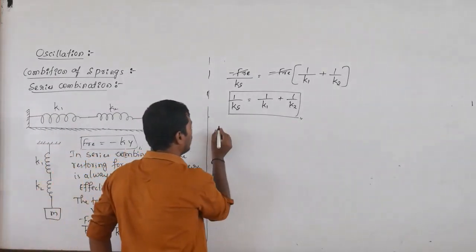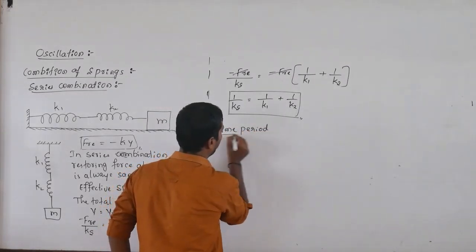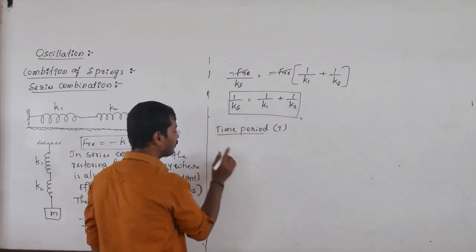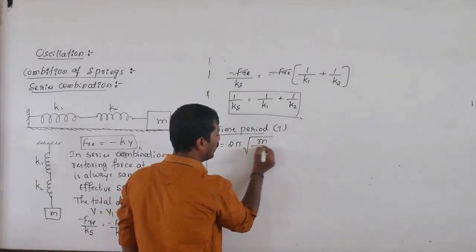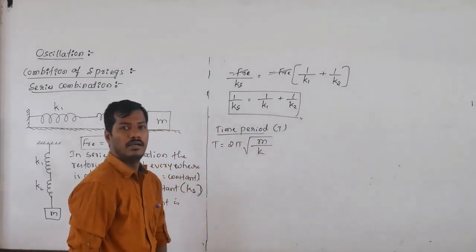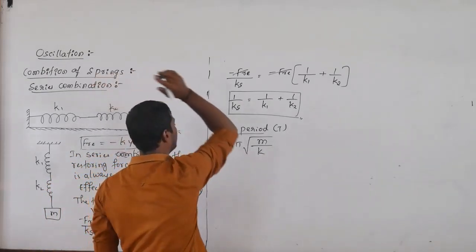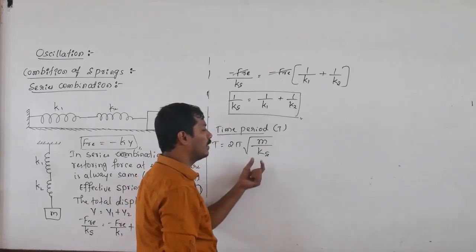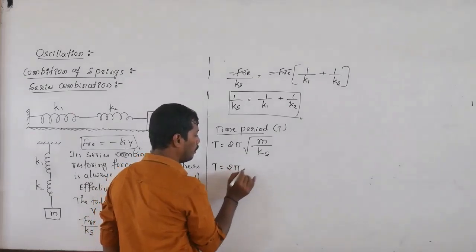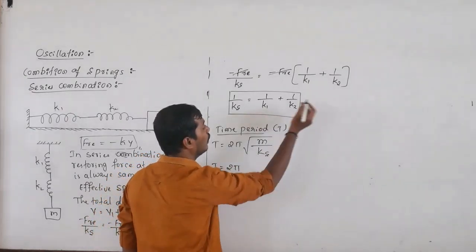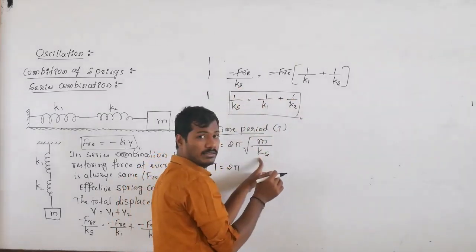Okay, now what about the time period? We have the time period equation T equals 2 pi root of mass divided by K. Here K is nothing but the effective constant, since these two are connected in series. So T equals 2 pi under root m divided by Ks.